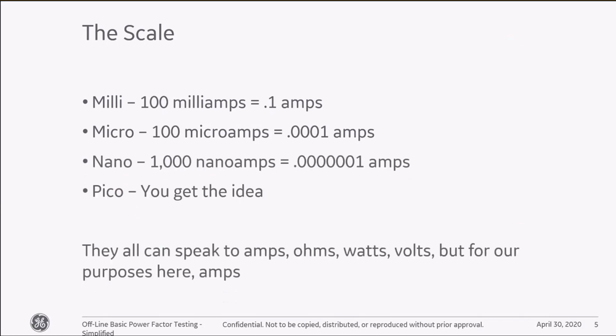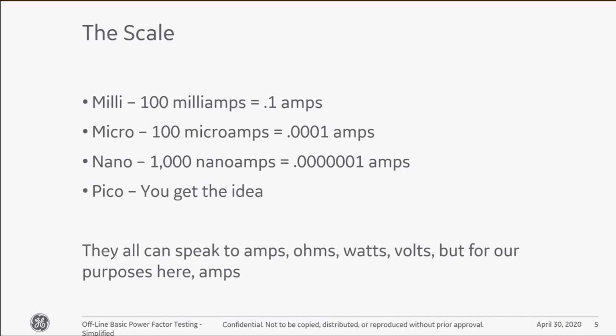Nano, pico, you get the idea. They all speak to amps, these measurements of milli, micro, nano, pico, and so on. There's more to the scale, but I can't remember all of them. We use pico a lot for capacitance. Picofarads, right, as opposed to a farad. You take it down, what is it, nine zeros.